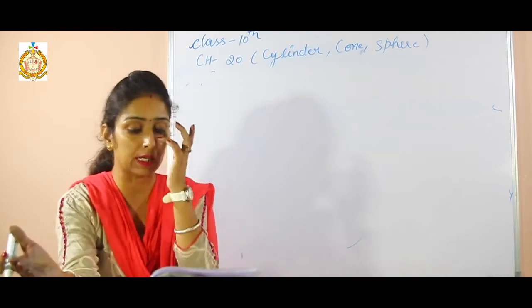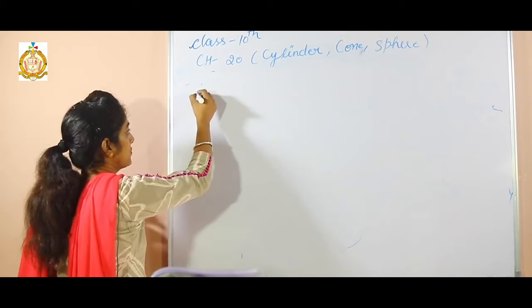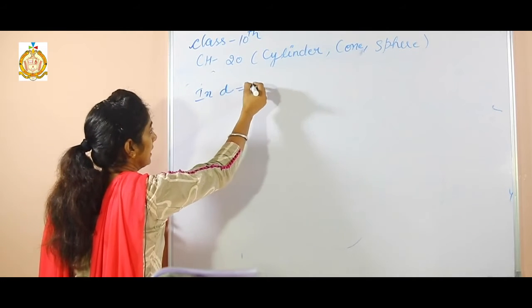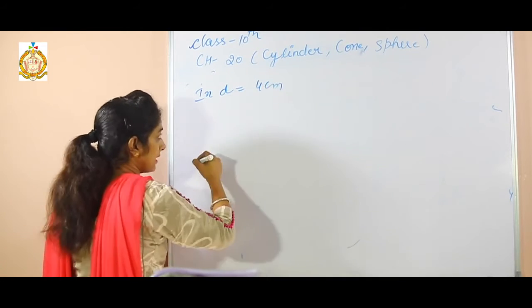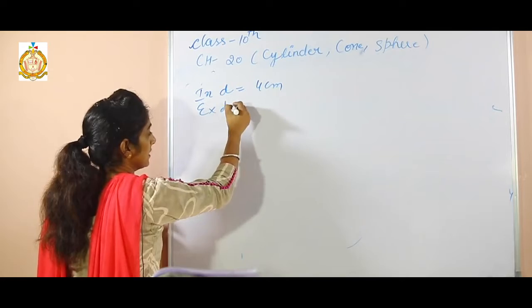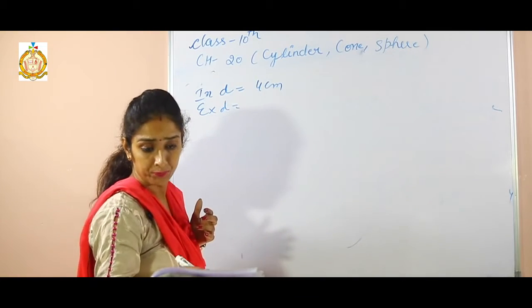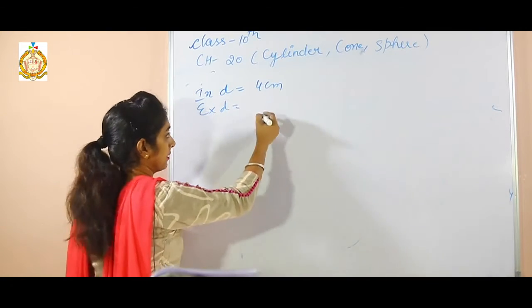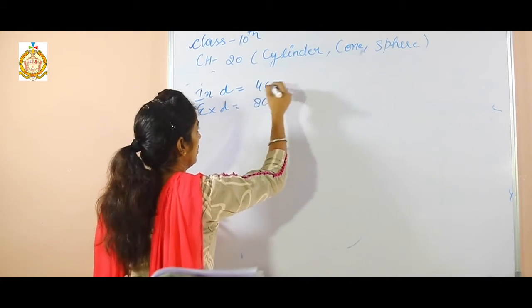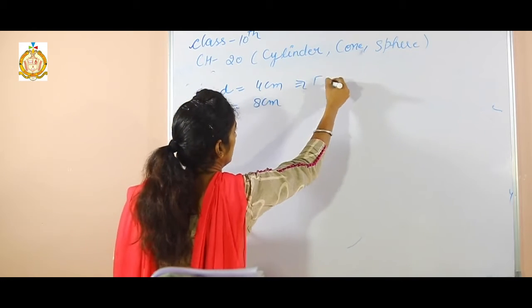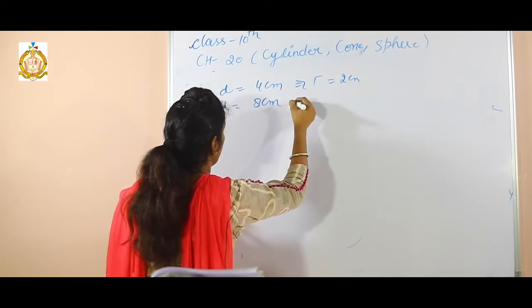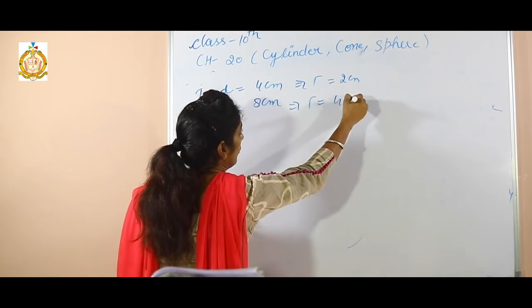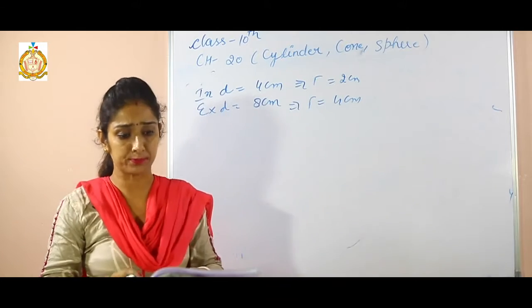The internal diameter is 4 cm and the external diameter is 8 cm, right? Now its radii become 2 cm and 4 cm.